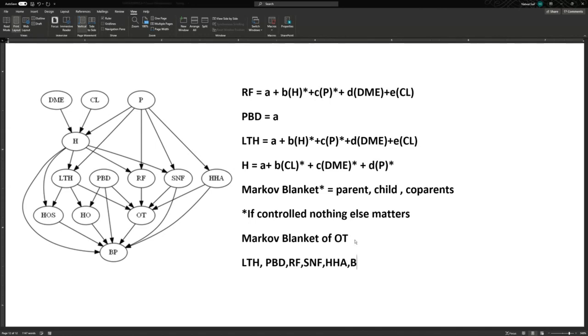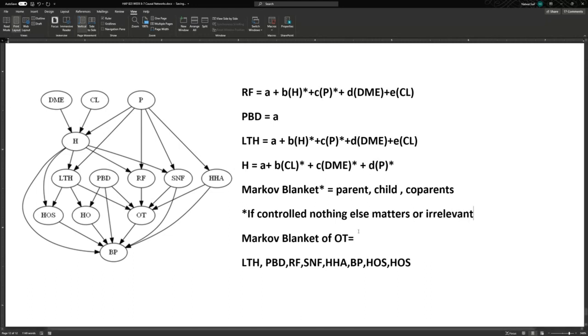If something is not in the Markov blanket and we control everything that's in the Markov blanket, what's the meaning of something that's not in the Markov blanket? Means that it's completely irrelevant. Yeah, it's not going to affect OT.